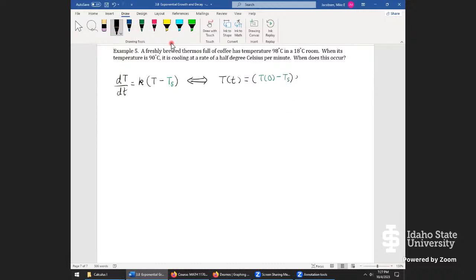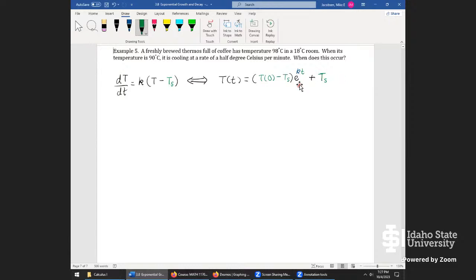Then that's multiplied by e to the power of the decay constant K times t. And this is the step I always forget. Because a substitution was being made, it had to be undone, and the algebra there gave us plus surrounding temperature again. So that's our full equation. We need both of them to get through this problem.